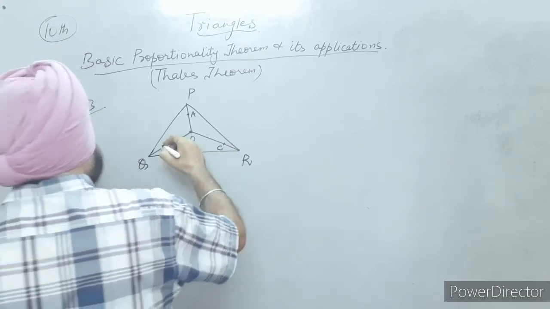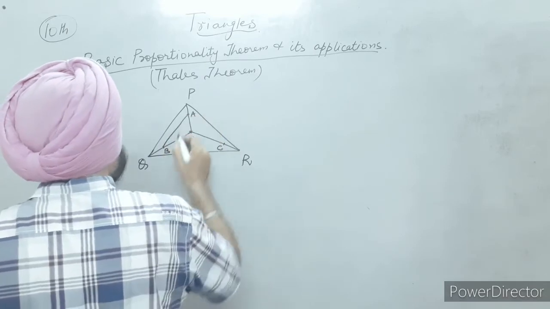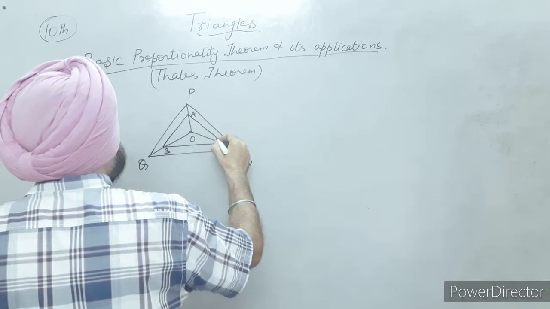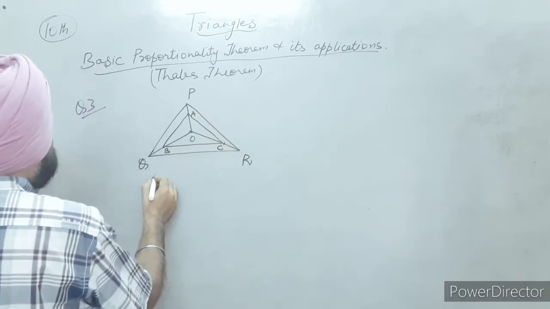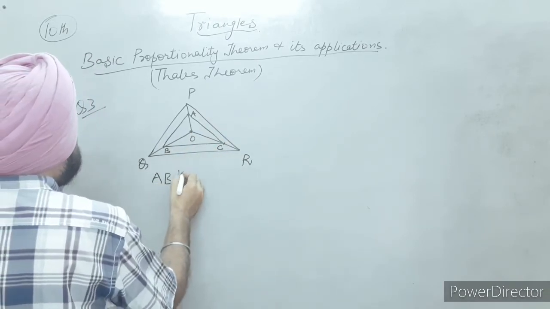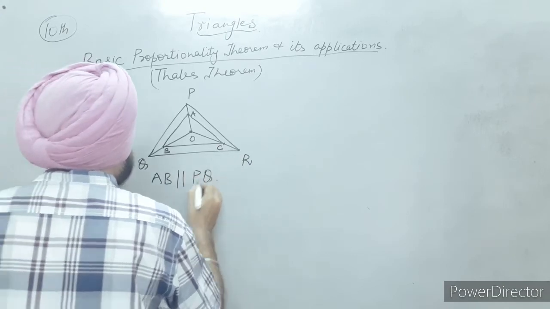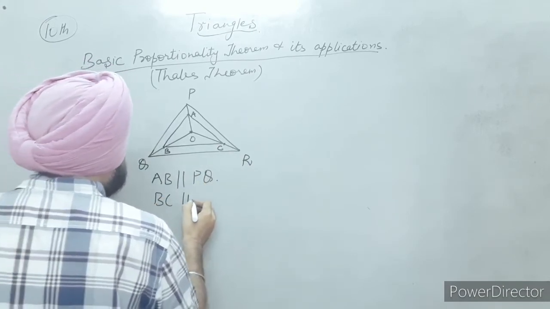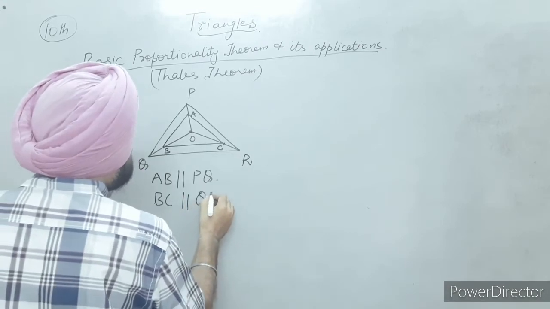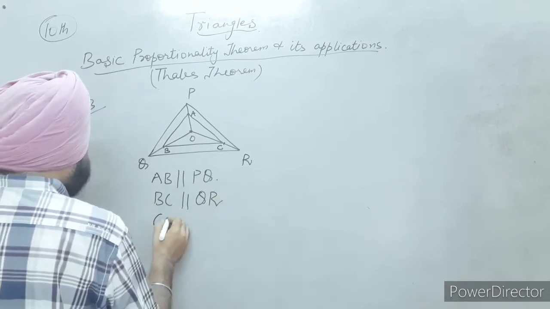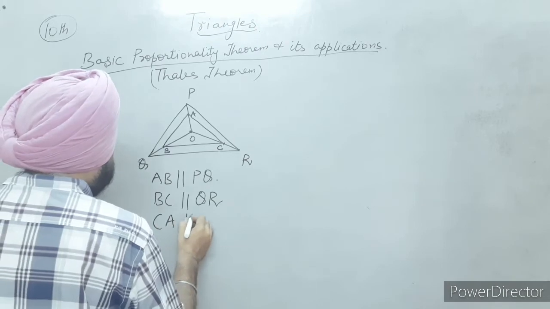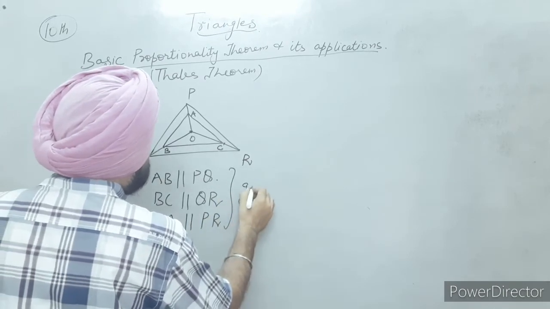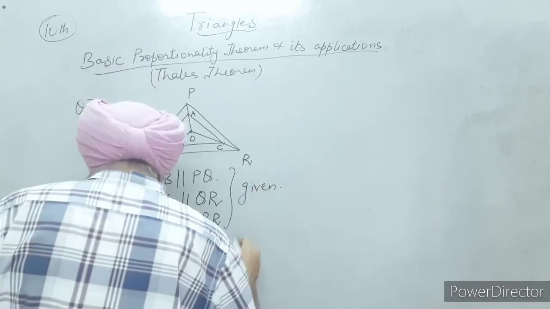Now if I join this, I get AB, I get BC, and I get AC. It is also given AB parallel to PQ, BC parallel to QR, and CA parallel to PR. This thing is given to us.